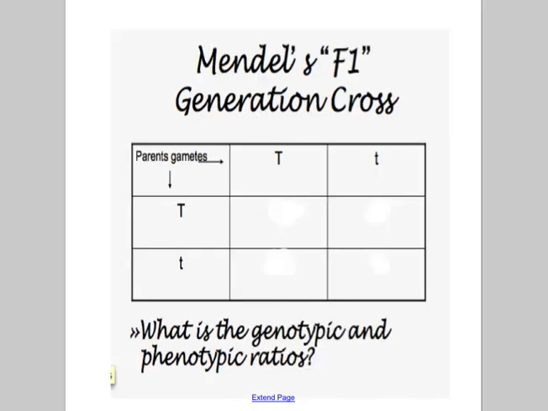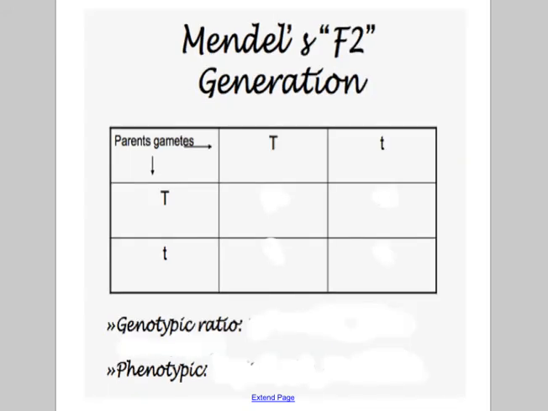So let's take a look at Mendel's F1 cross. To create the F2 generation, we take the parents, and we separate the alleles. So each box of the windows here represents the parents' gametes.